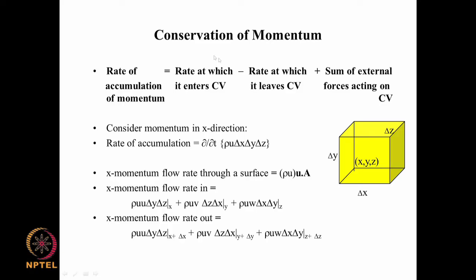So, we have quantified the rate of accumulation, the rate at which x momentum enters the control volume, and the rate at which it leaves the control volume, but we also need to quantify the sum of external forces acting on this control volume. So, here we need to take a pause and see what we mean by these external forces.